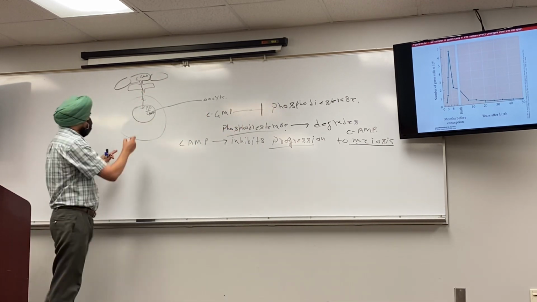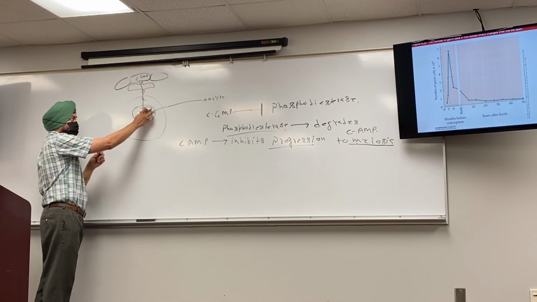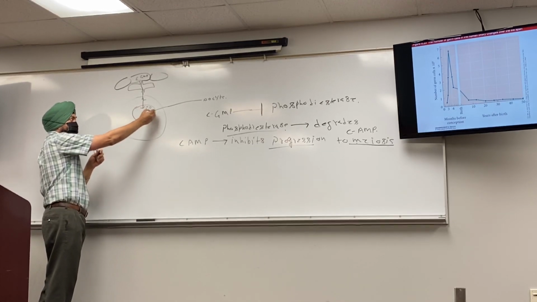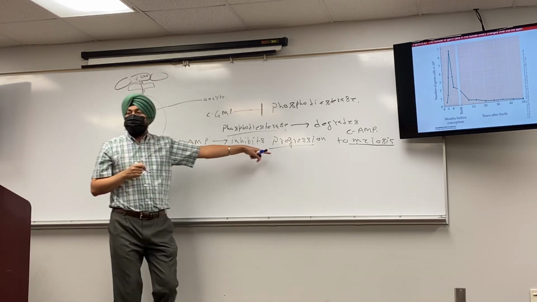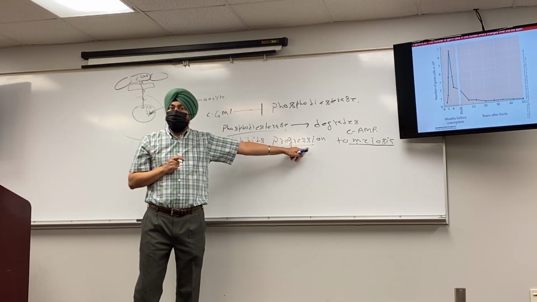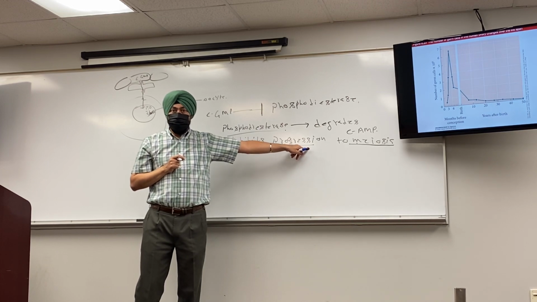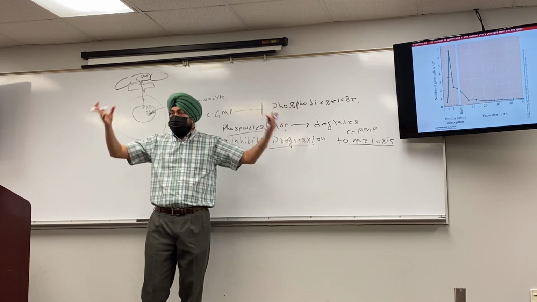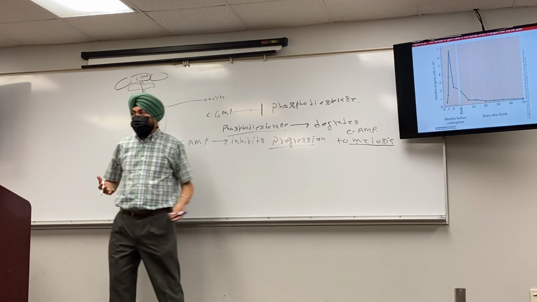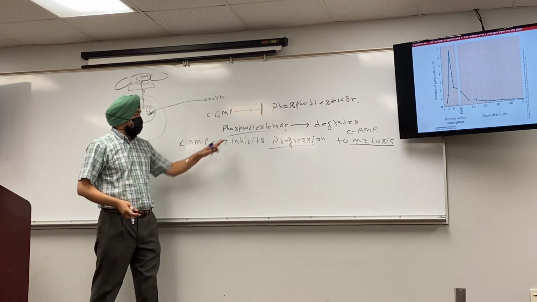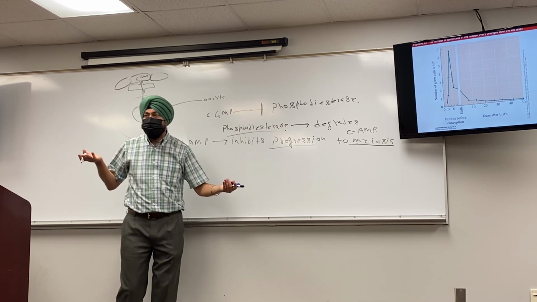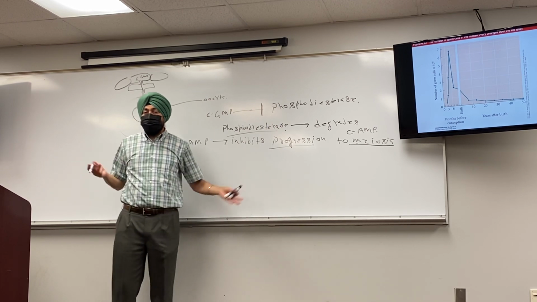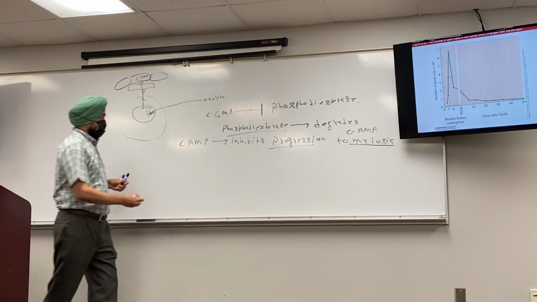If there is phosphodiesterase, it will degrade cyclic AMP, and what was cyclic AMP doing? Inhibiting meiosis. Making sense? So that inhibition is gone, cyclic AMP will be degraded by phosphodiesterase, and meiosis will take place.